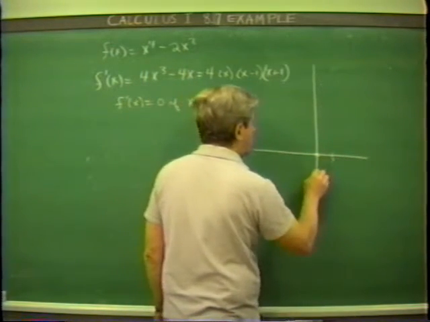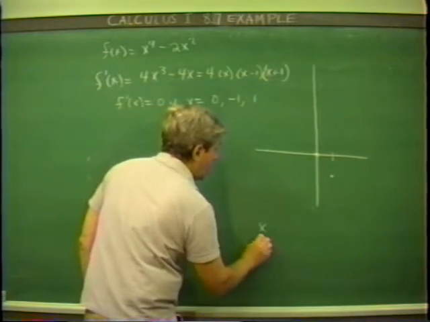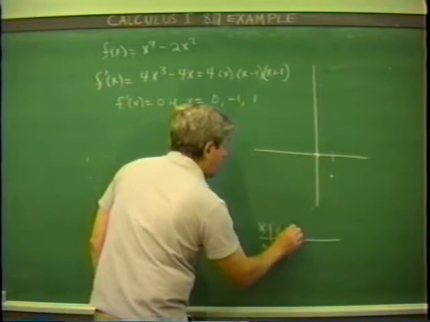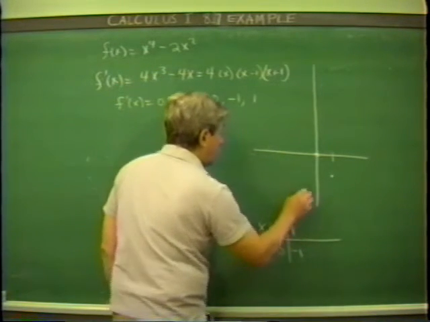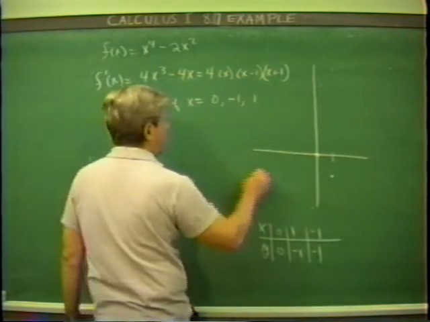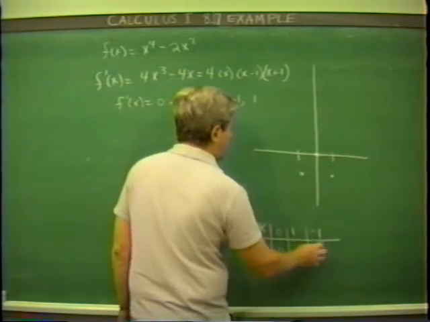The value of the function at 1 is minus 1. So x and y at 0 is 0. At 1 it's minus 1. At minus 1, the value of the function is also minus 1.